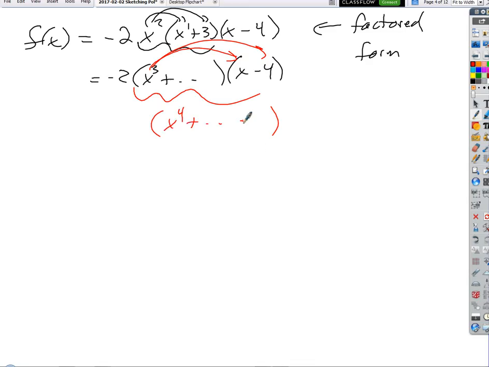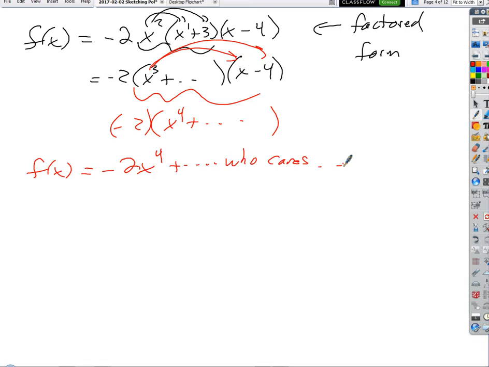Plus a bunch of other garbage I don't care about, right? Now I've still got this minus 2 out front. When I distribute that all the way through, don't I end up just getting negative 2 x to the 4th plus, who cares, right? Doesn't make a difference. That's my leading term. Agreed?